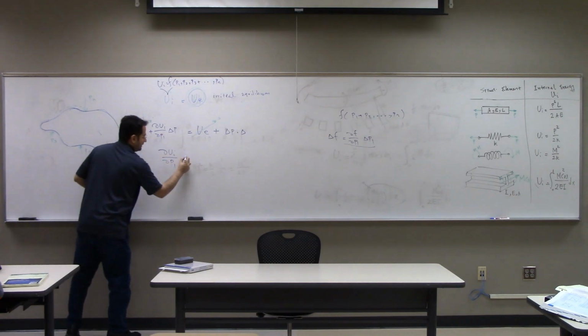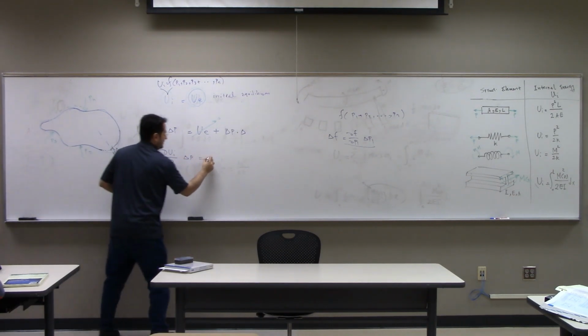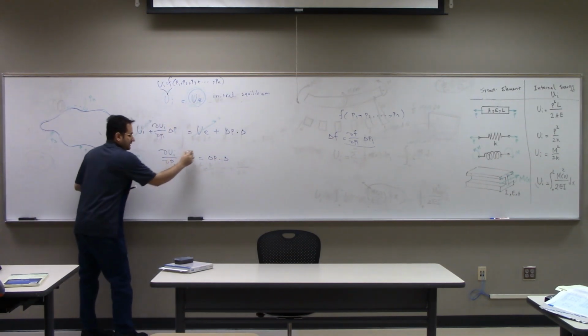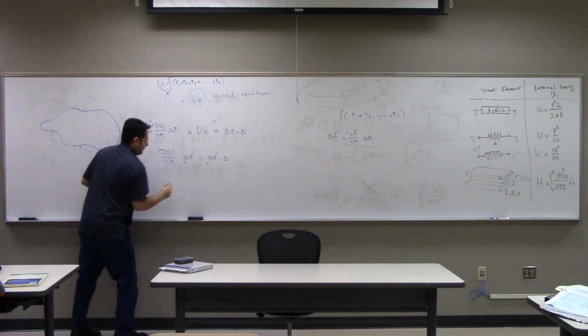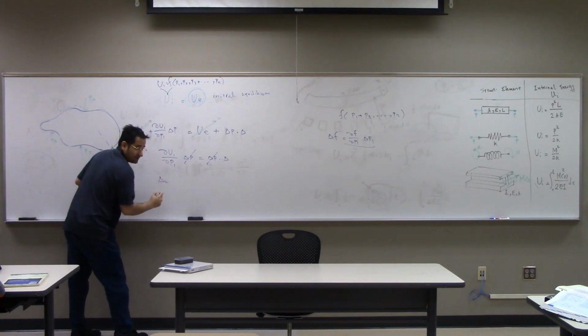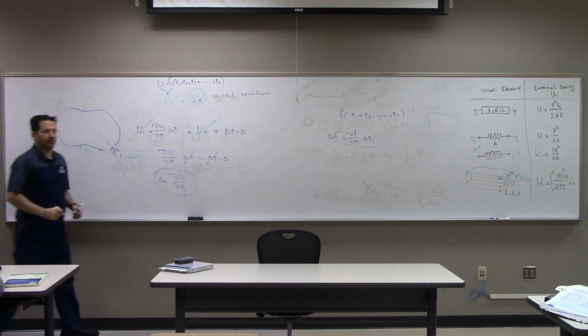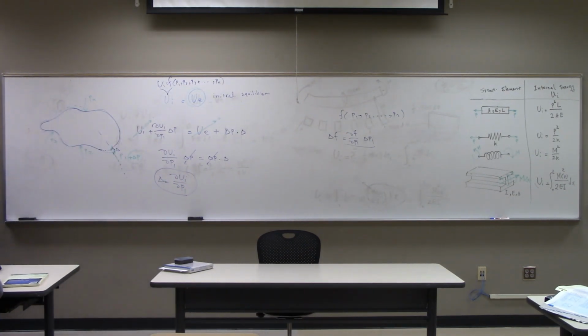P1 times delta P is equal to delta P times delta. Obviously, delta P cancels out. So what do we get? The deflection is equal to the derivative of internal energy with respect to the force applied to that point. So you write the statement like that.